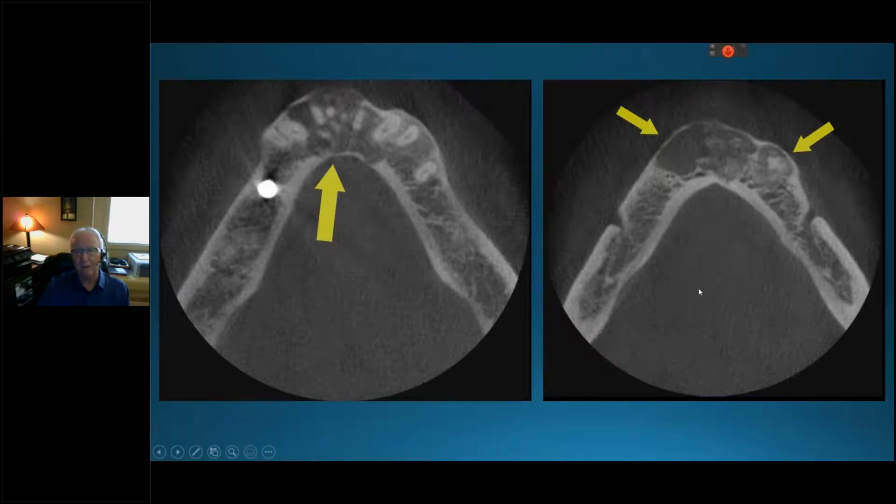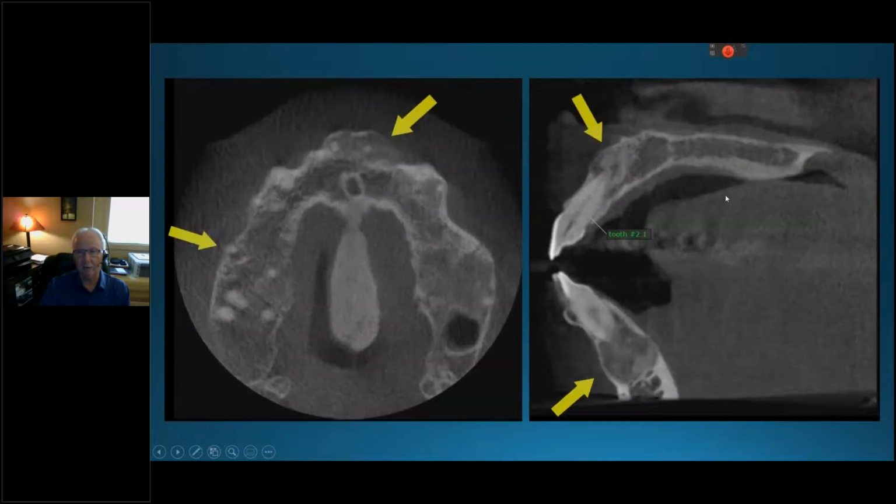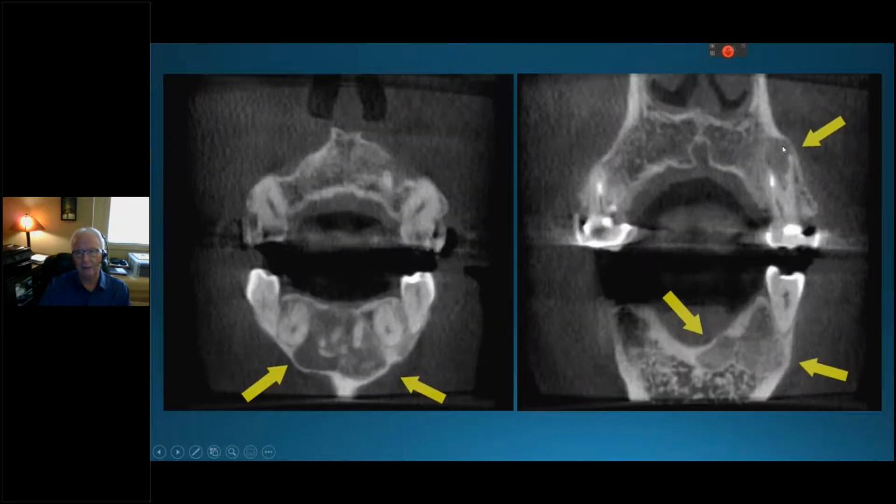But this ended up being all teeth vital, no problems with the dentition. This was what I would call a florid osseous dysplasia, and one of the regions was the anterior mandible. We also had lesions in the anterior maxilla. We also had lesions in the bicuspid region, both maxilla and mandible. So it looks really awful.